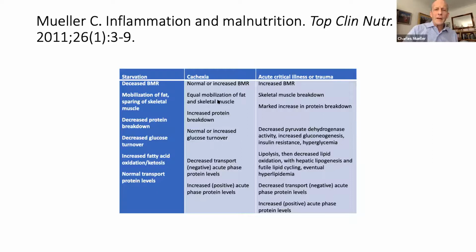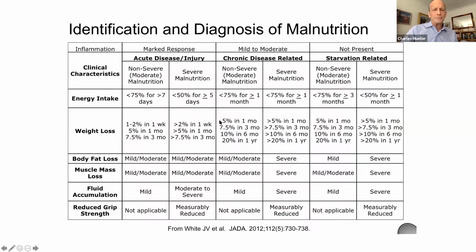Very different metabolism. Here is probably your organ transplant patient. Here is probably your post-transplant patient, okay? And maybe later on in recovery, they return to normal metabolism sometime after their transplants. But this is so important to understand, so important to understand.